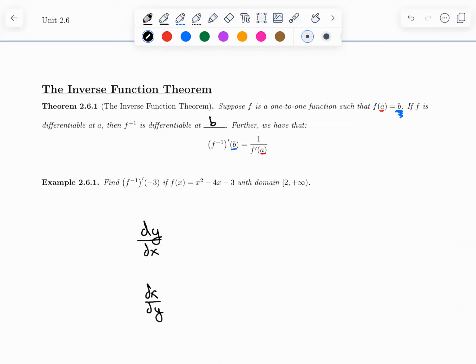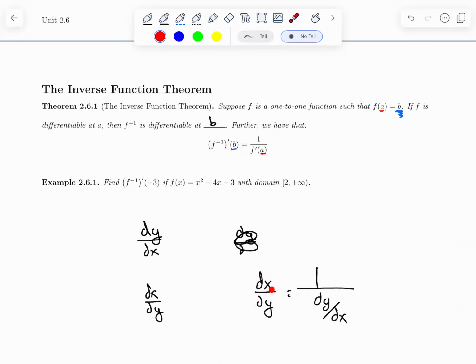So dx dy, you could rewrite that as 1 over dy dx, because you flip the fraction. So that's exactly what this is. The inverse's derivative, for the people watching the recording, is equal to 1 over the derivative.